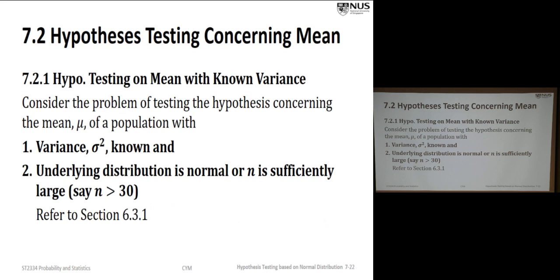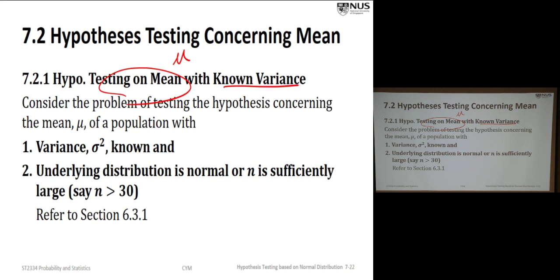So now, for the rest of the chapter, we'll just implement what we just discussed in the previous section, combining with what we learned in chapter 6. Okay, so now the first test, a null hypothesis concerning the mean, mu, and with known variance.